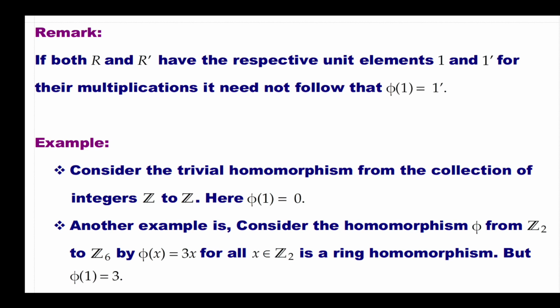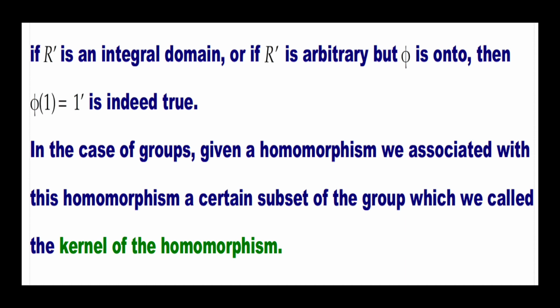Another example is the homomorphism phi from Z2 to Z6 by phi of x equals 3x for all x in Z2, which is a ring homomorphism, but phi of 1 equals 3. However, if R dash is an integral domain, or if R dash is arbitrary but phi is onto, then phi of 1 equals 1 dash is indeed true.